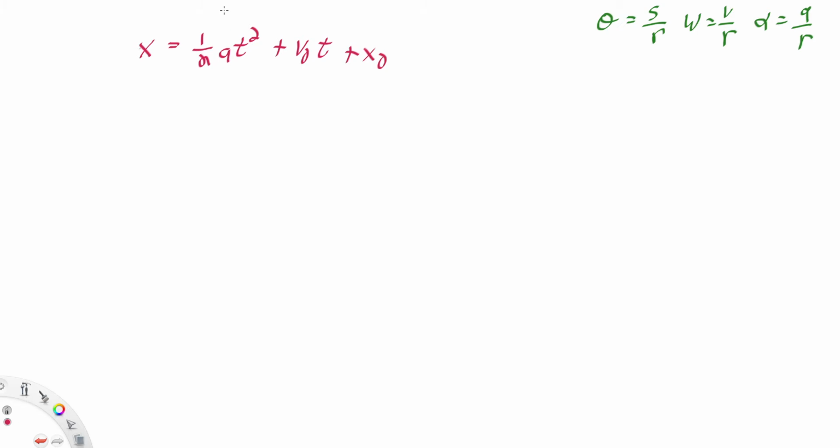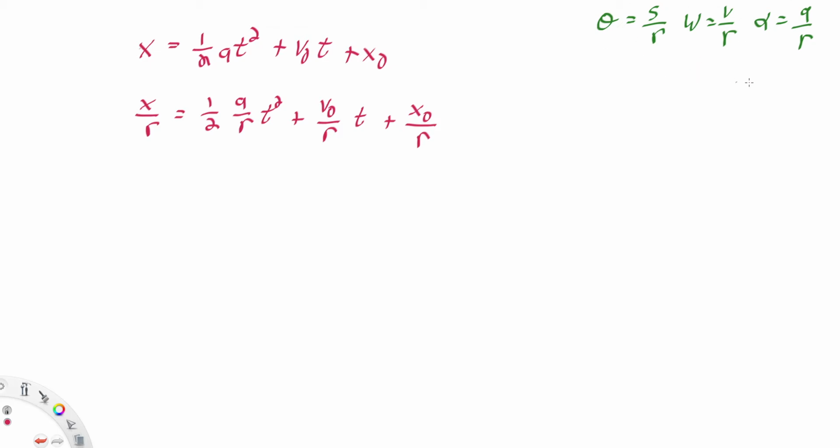If we divide this whole equation by r, we get x over r equals 1/2 a over r t squared plus v naught over r t plus x naught over r.